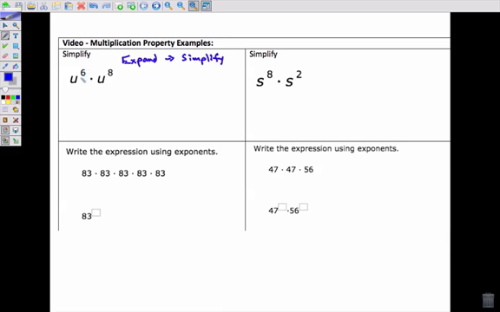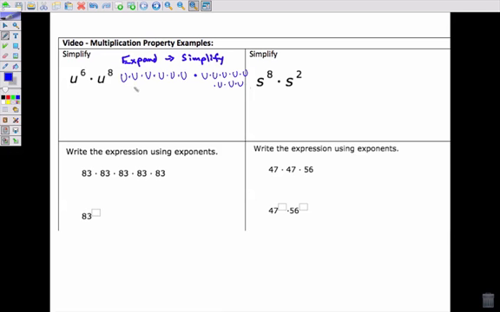And u to the 6th just means u times u times u times u, 6 of them. Okay? And then we've got this times u to the 8th, which would be u times u, 2, 3, 4, 5, 6, 7, 8. There we go. U to the 8th.